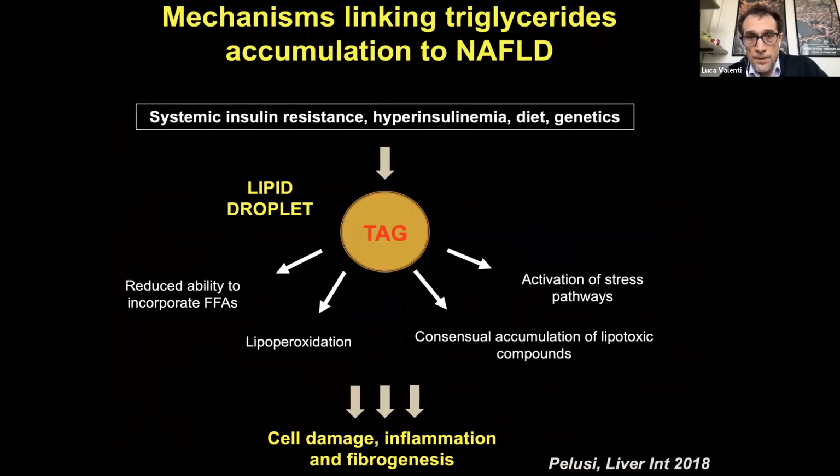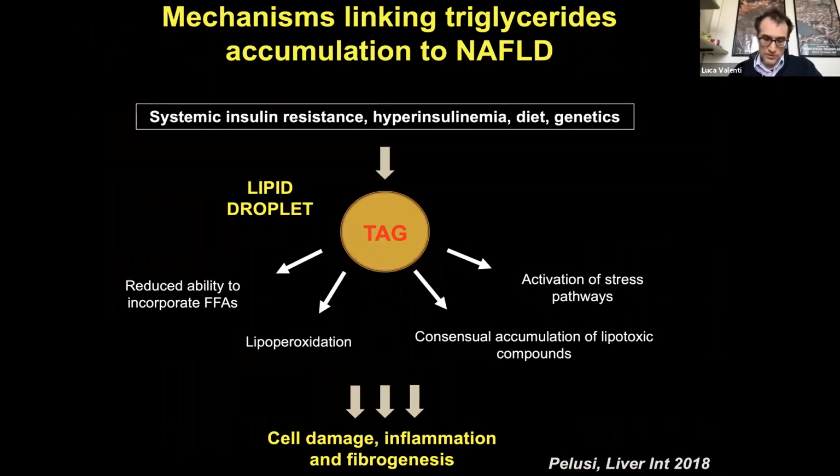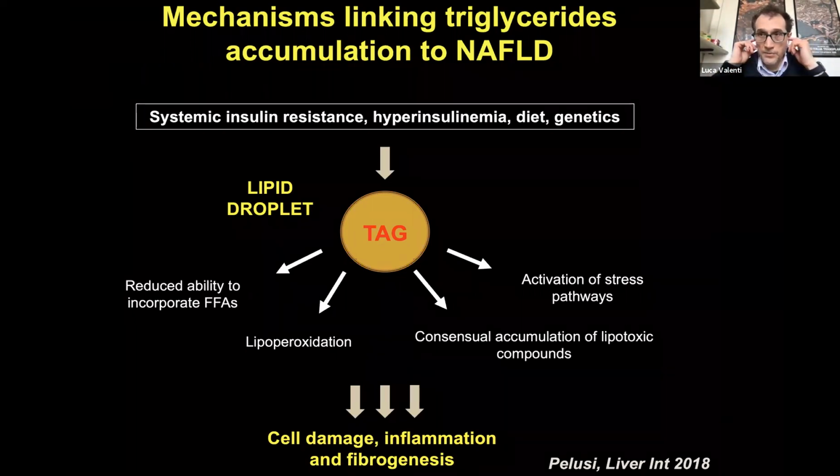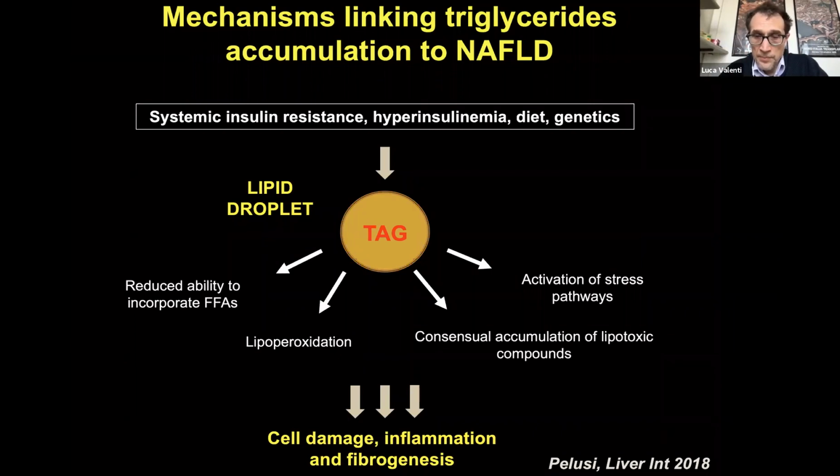So the main mechanism leading to this progressive liver disease, associated with hepatic accumulation of fat within intracellular lipid droplets, may be due to the reduced ability to incorporate free fatty acids and other lipotoxic compounds into these intracellular organelles, where they are less toxic, by promoting lipoperoxidation, oxidative stress, and again, lipotoxicity.